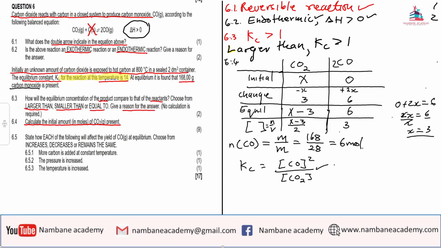We are told also that the Kc value is 14. Then I'm just going to substitute everything that I have. This will be 3 squared divided by the concentration of x minus 3 over 2. Then one must do the mathematics, and when you do the mathematics you find that x is equal to 4.29 mole.